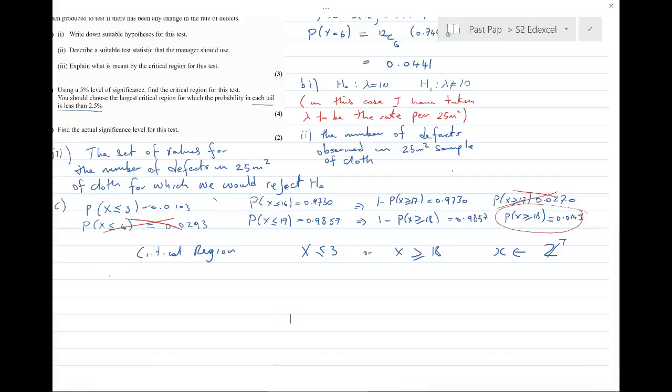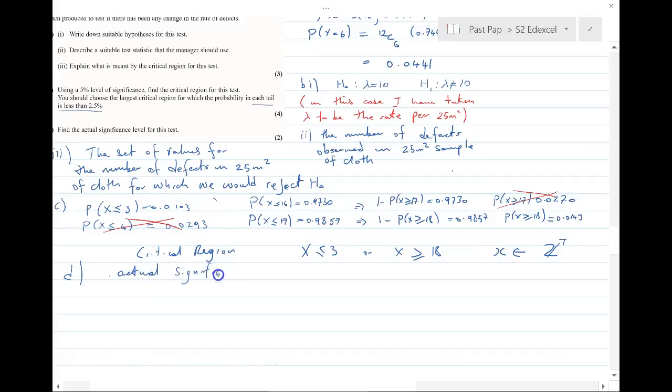Okay, part D is almost a bonus mark here. The actual significance level is just these numbers added together. So adding those two numbers together, that one there and that one there.